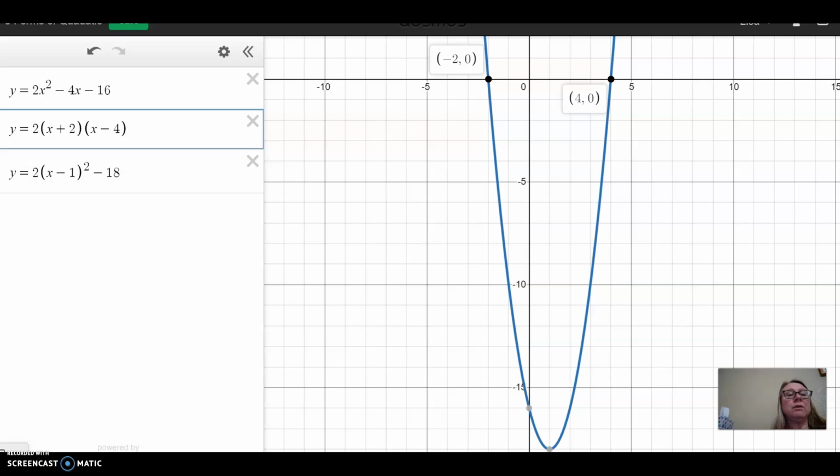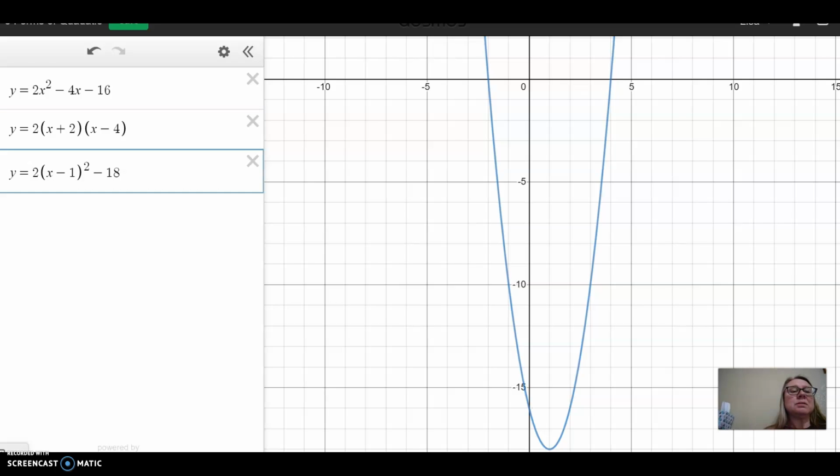Okay, and then our last format is graphed in green. And is it in the exact same spot? Oh, yep, it is. I just turned that one on and it's in the exact same spot. The vertex of that one, right down there, is 1, negative 18. We can see that right here: positive 1 and negative 18.